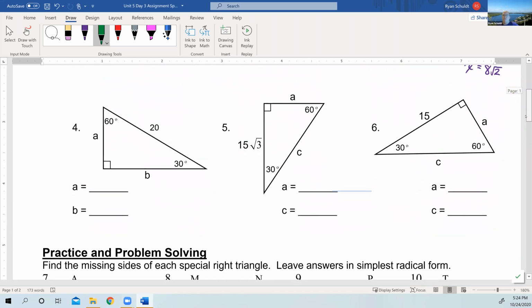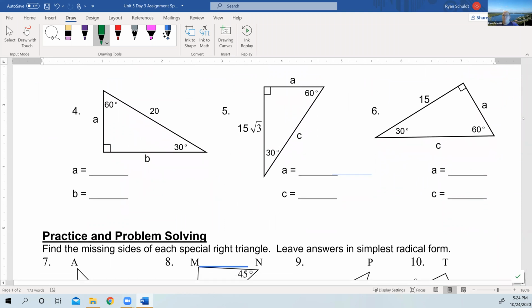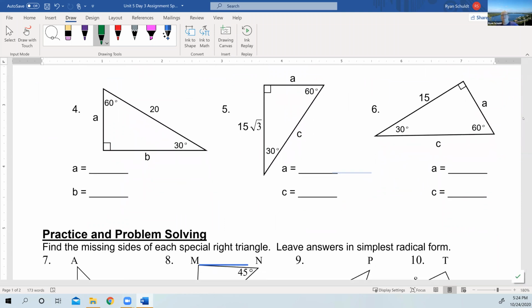Let's keep going. We're still going to do the same 4 steps. First one, so on number 4, what kind is it? 30, 60, 90. Okay, so now we know what kind it is. We need to label. The one across from the right angle is always 2x.